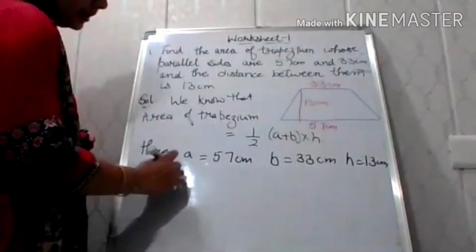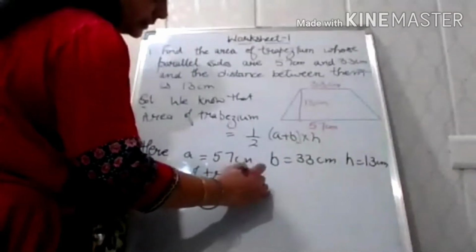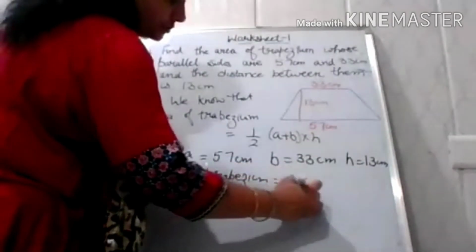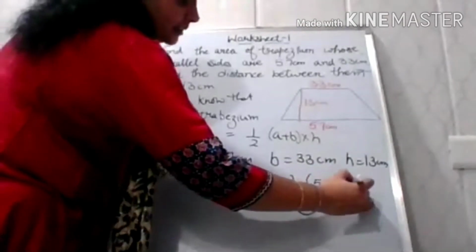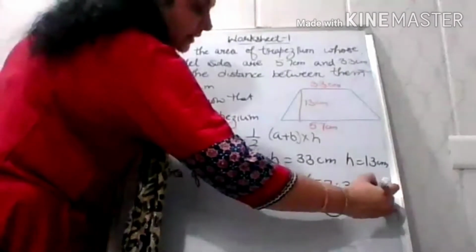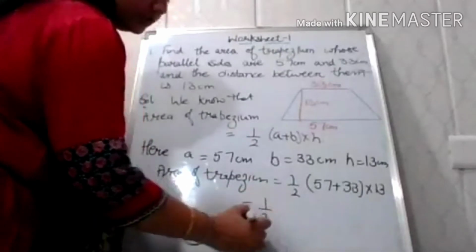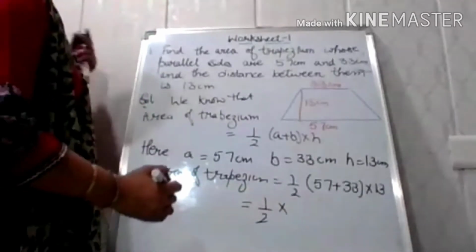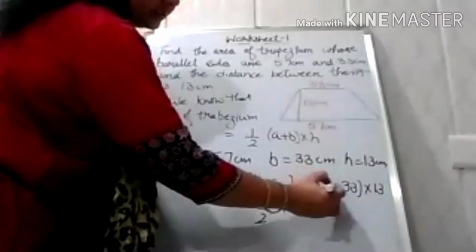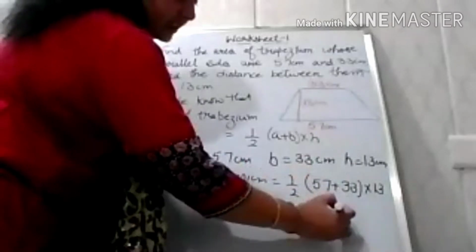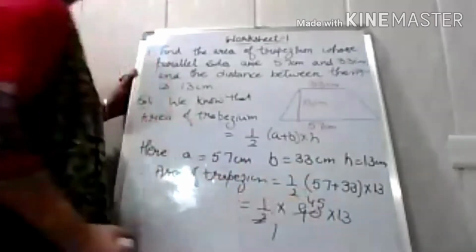Therefore, area of trapezium is equal to 1 by 2 (A plus B means 57 plus 33) multiplied by 13. So what are we getting? 1 by 2 multiply 57 plus 33. 7 plus 3, 10, 1 carry. 6 plus 3, 9, 90 multiply by 13. 2 ones are 2, 45.